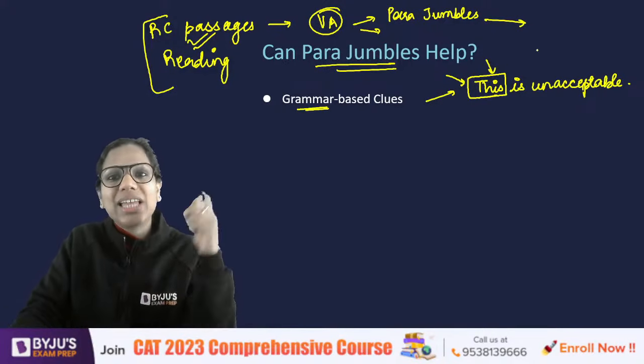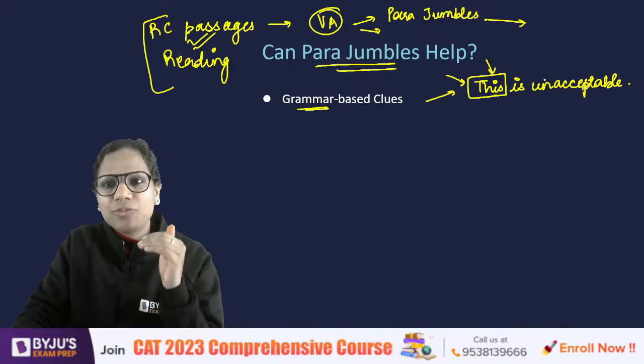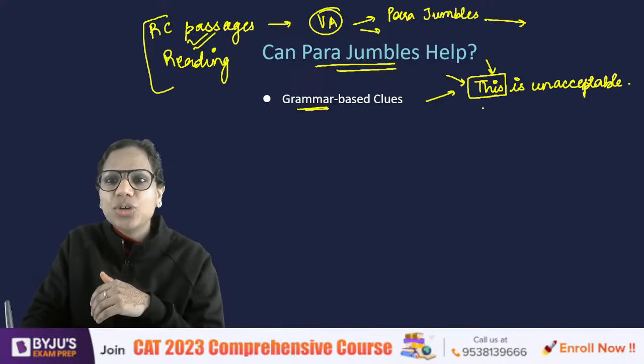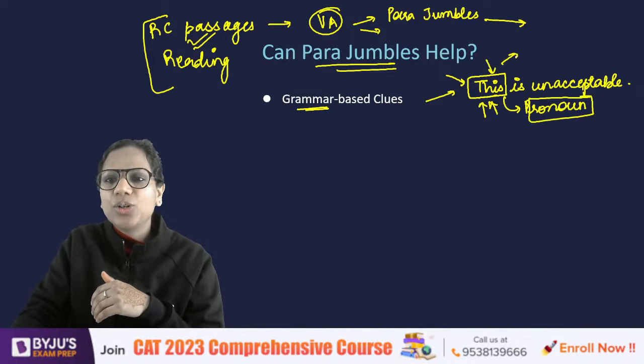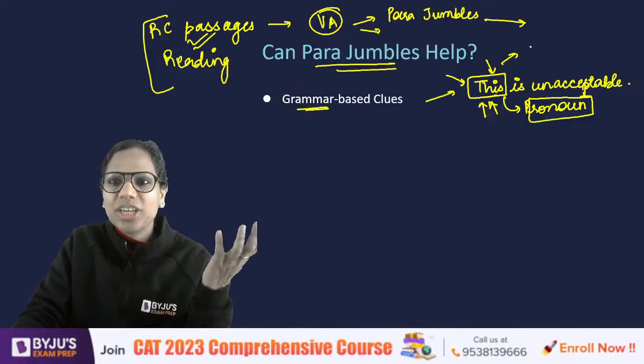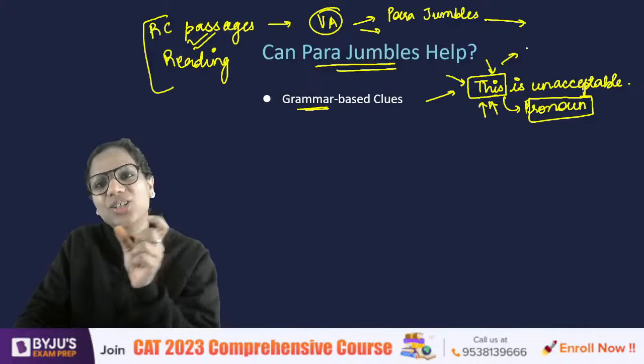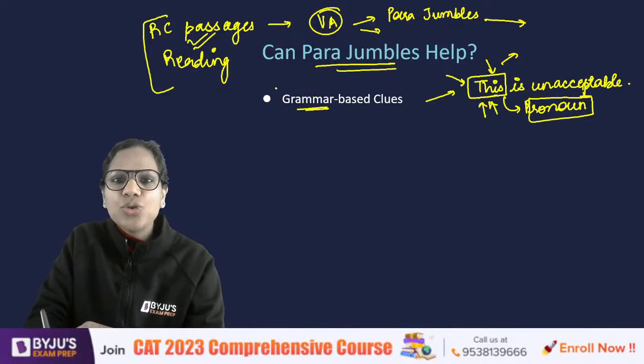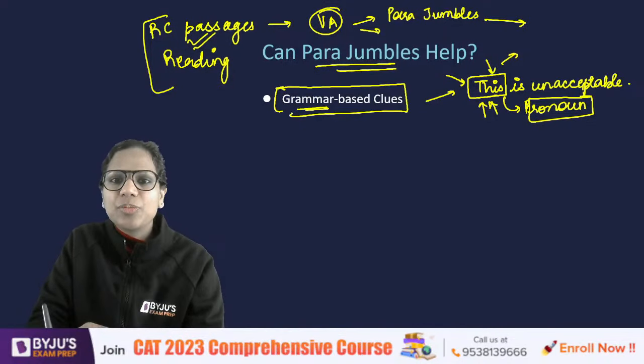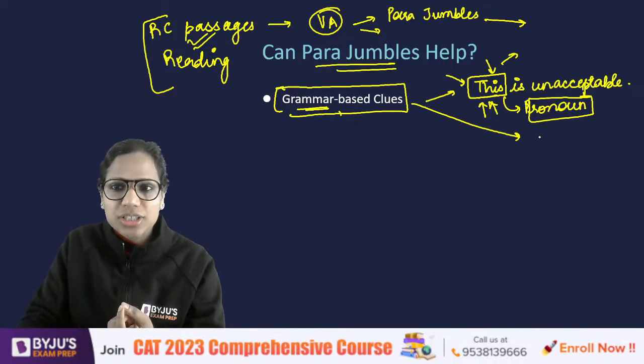So therefore, that sentence is most likely going to come first and this sentence will come later. So here grammar helped me. Through the help of this pronoun, this, I decided that this refers to some noun, something, and that thing should come first. So be on the lookout of such grammar based clues, particularly connectors or conjunctions.